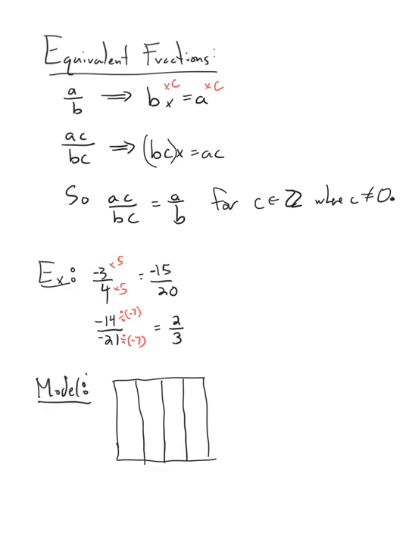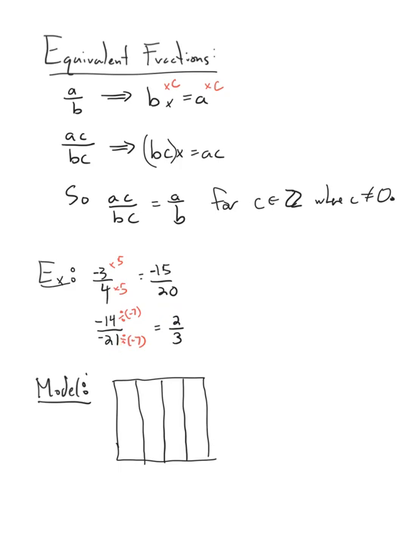And you can kind of work backwards as well. If you have a numerator and denominator that have a common factor, well, you can divide top and bottom by that common factor. Say negative 7 here. So negative 14 divided by negative 7 is 2.